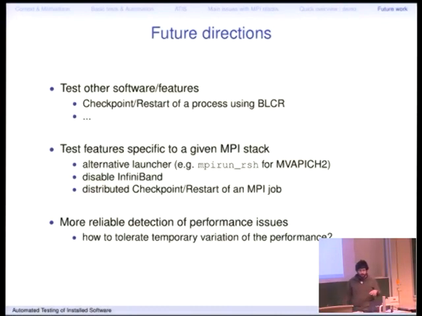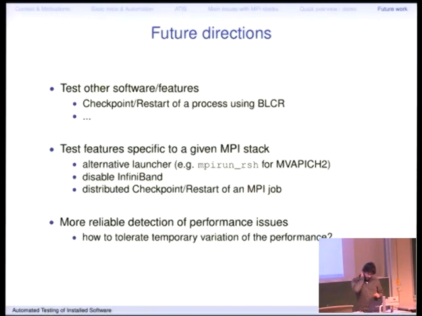Also testing some other features which are specific to some MPI stacks, so using an alternative launcher instead of the default mpirun, as some MPI families provide a different launcher. Try to make some runs by disabling InfiniBand, but also try to do some checkpoint restart of an MPI job, which is even more difficult than just checkpoint restart with a single process with BLCR.